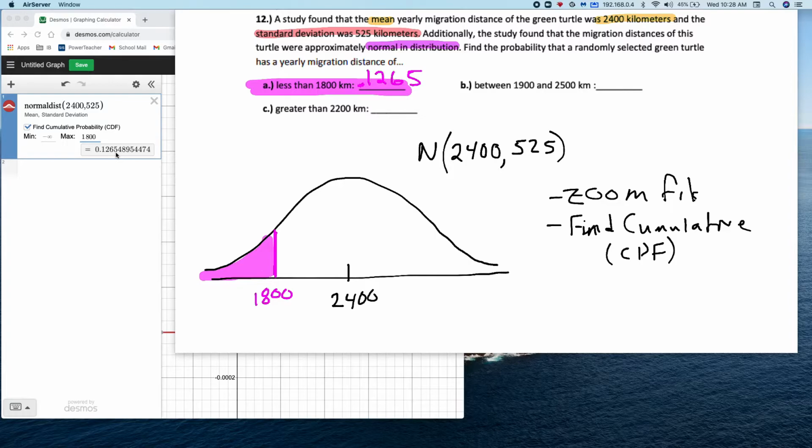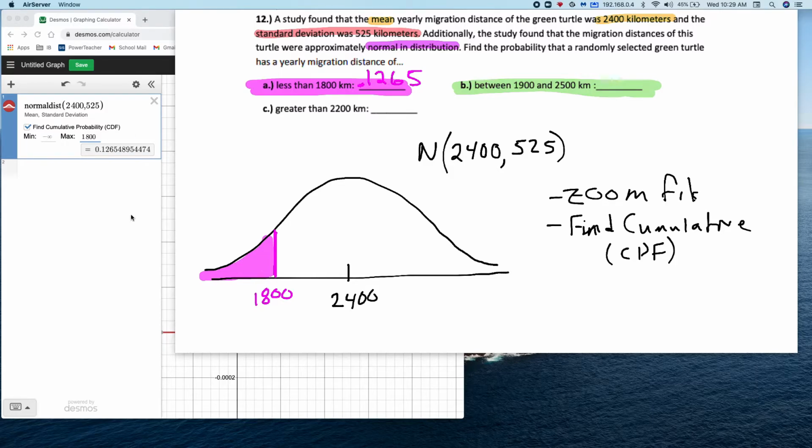Okay, so now let's do the next part. Let's highlight the next part in green. Now I'm going to go between 1,900 and 2,500 kilometers. I already have the normal distribution in there.